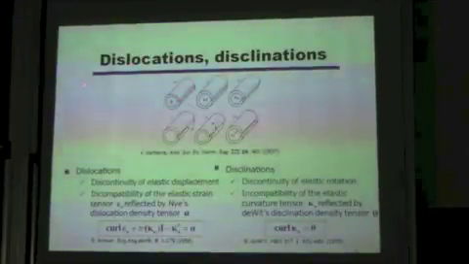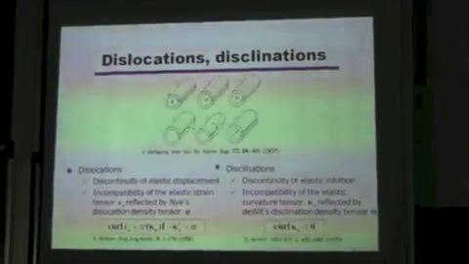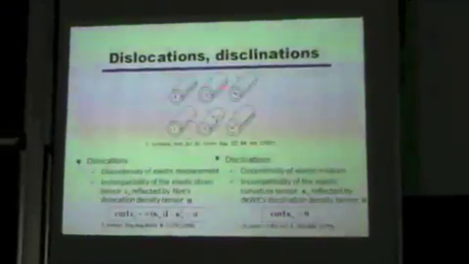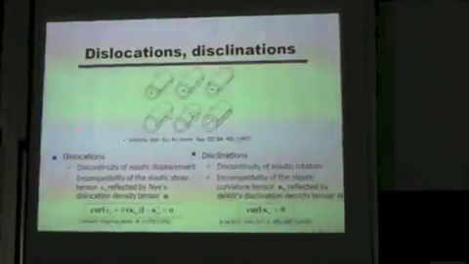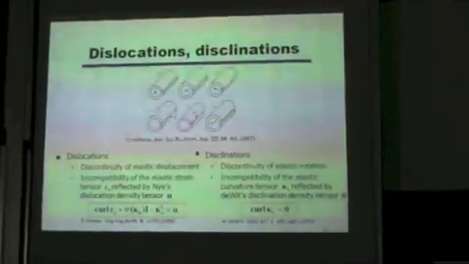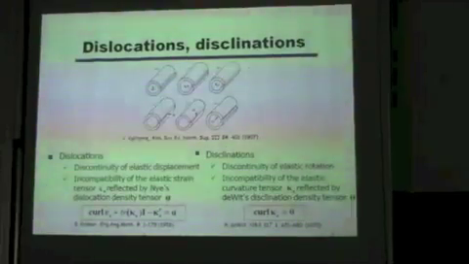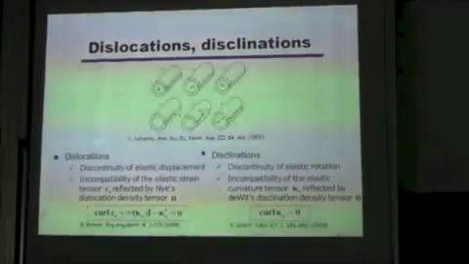Okay, so the defects that we are considering here are dislocations and disclinations. Both were introduced by Volterra in 1907. The first row here is for dislocations, and this one for disclinations. So the sketch is a hollow cylinder. The axis of the cylinder contains the axis of the line defect, either the dislocation or the disclination.